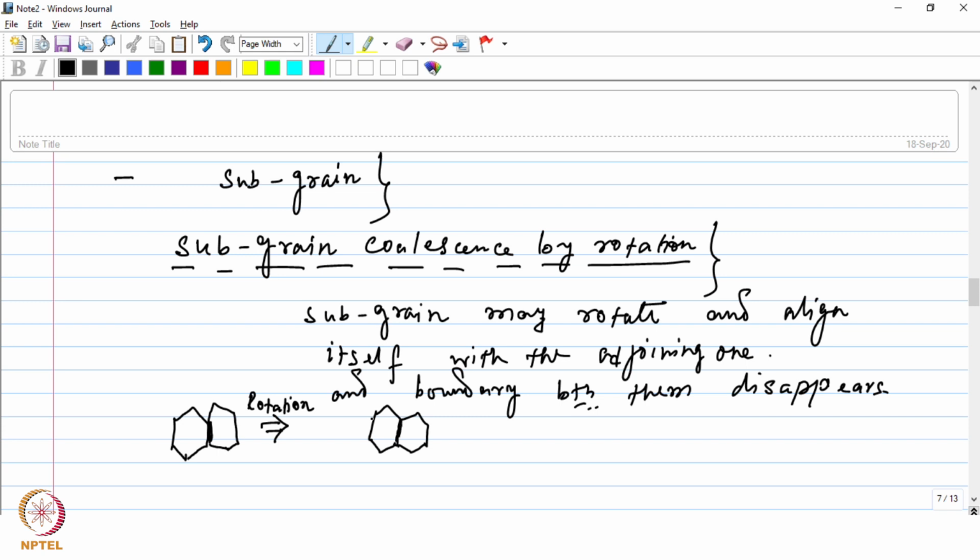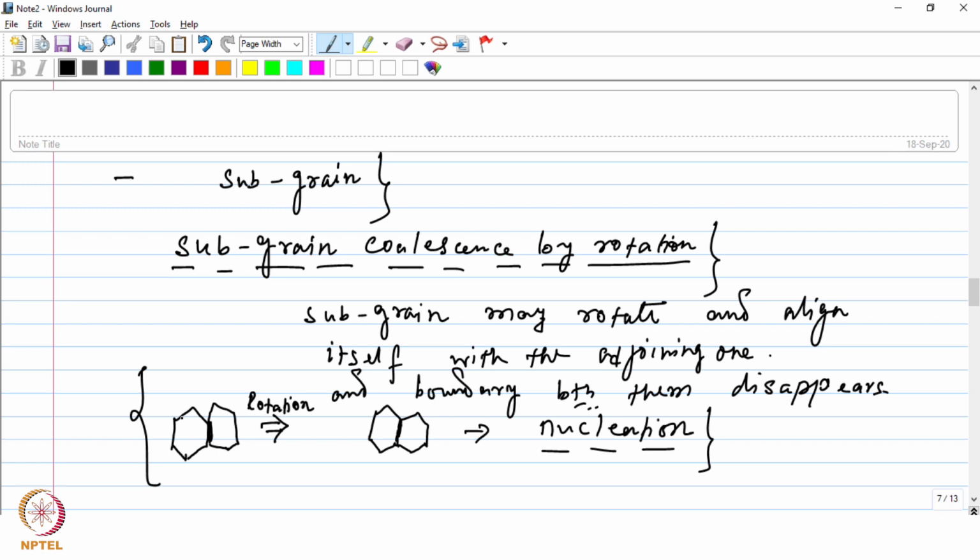So this boundary will disappear and these two subgrains will now coalesce into one. Okay. So that's how this whole process can occur with the help of this rotation. And now when this merged subgrain attains the critical size, it can act as the nucleus of a strain-free grain. Okay.